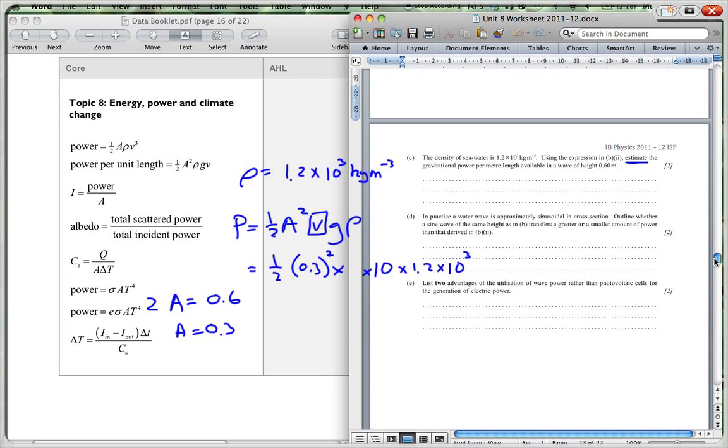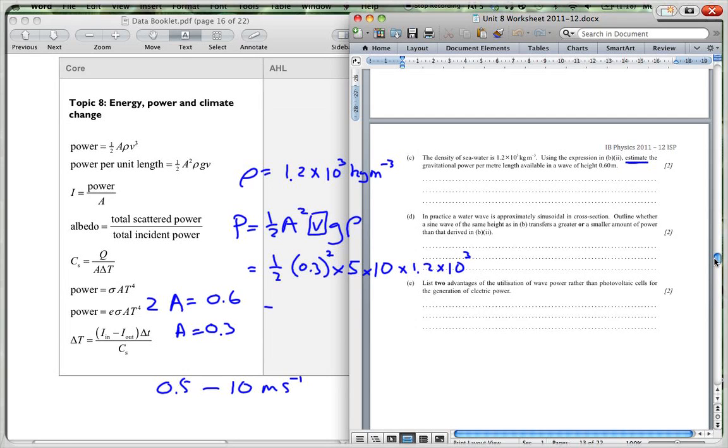I'm just going to guess it's something like 5 meters per second. That to me would seem reasonable. In actual fact, they accepted anything from 0.5 to 10 meters per second. So you had to estimate what you think it would be.